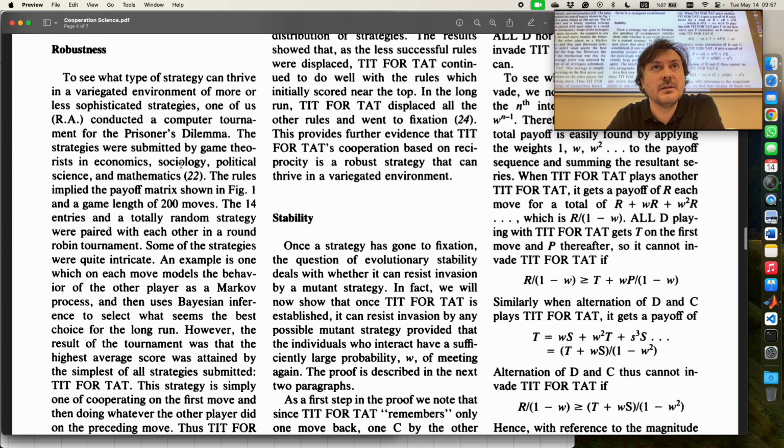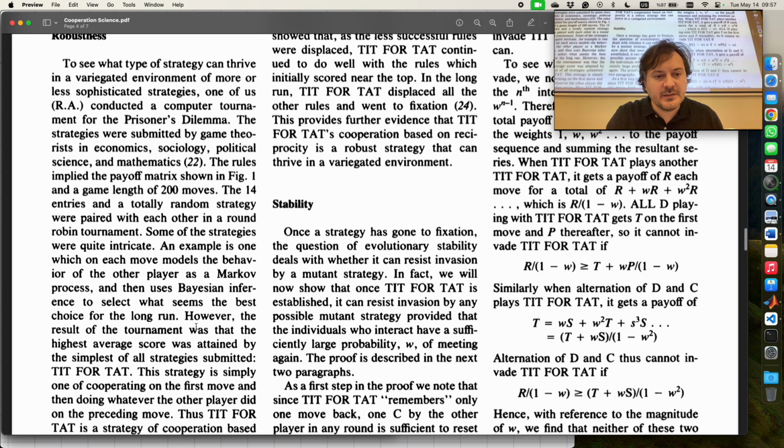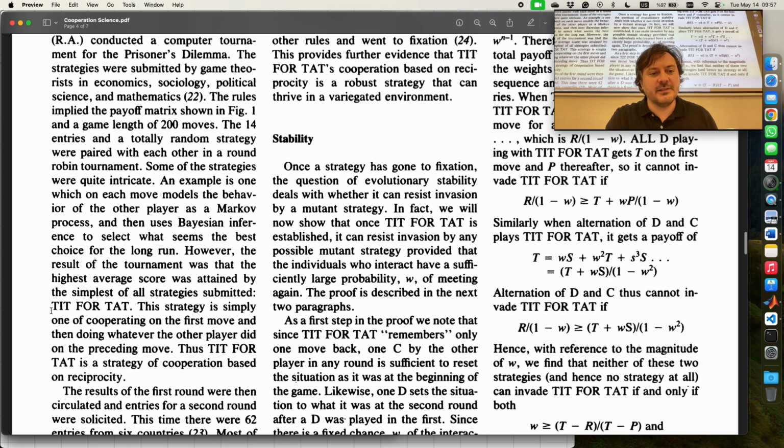Like they ask, John, you are a computer scientist, write an algorithm that will work, etc. And after everyone submitted, they realized that the one that is almost unbeatable in this game is tit for tat.